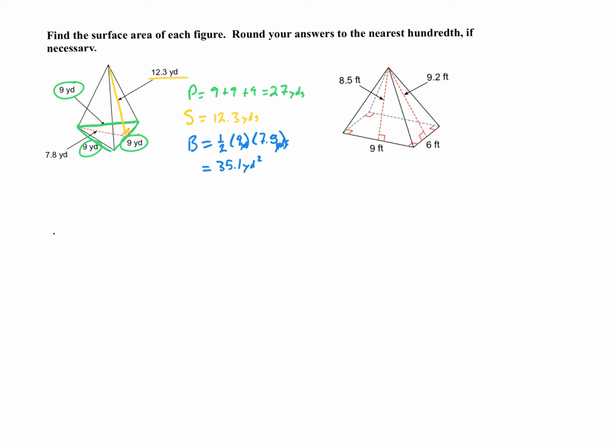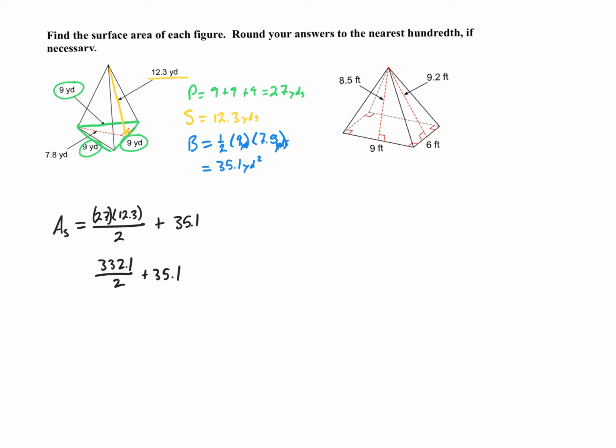So then if I want to find the surface area, that's going to be P times S, which is 27 times 12.3, divide that by 2, and then add the 35.1. So 27 times 12.3 gives me 332.1 over 2 plus 35.1.